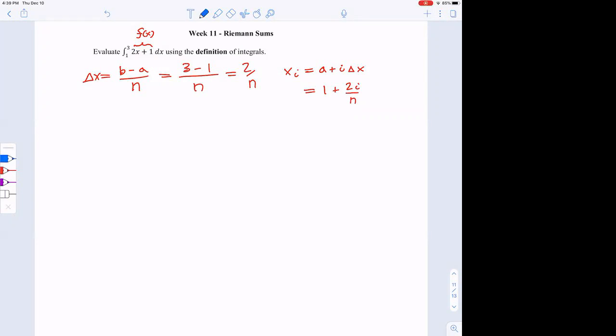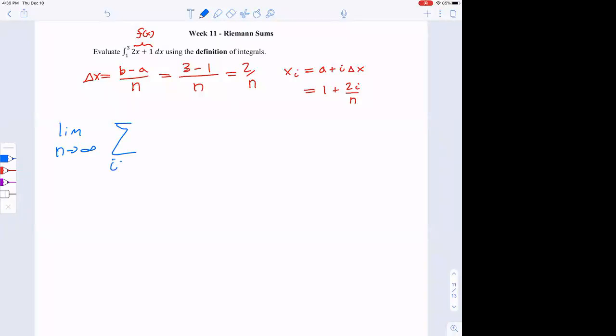From here, we can put everything together in our formula. So the limit as n goes to infinity to find the area of infinitely many rectangles. And we're going to add the areas together.